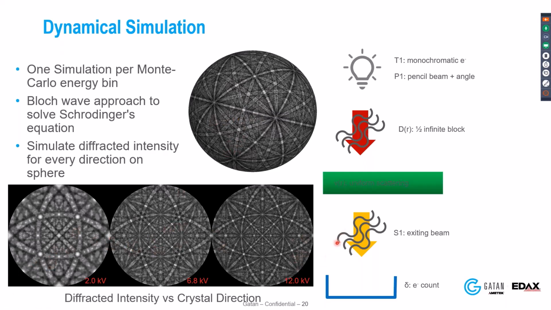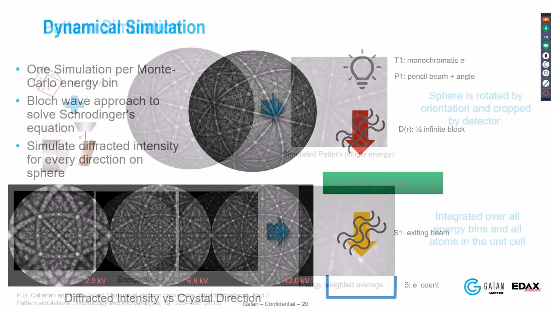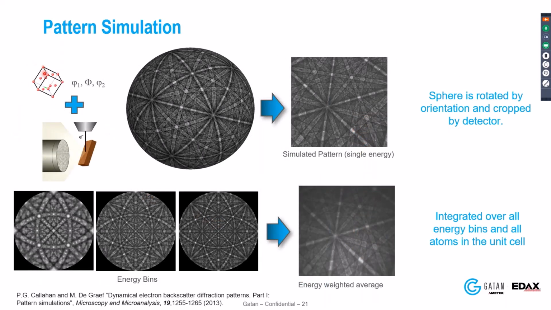So we define our incident energy and step down from there and do different energy bins. We're then able to put this all together: here's our crystal, here's our geometry, here's our master pattern, here's a simulated pattern for a given energy. Then we take our different energy bins and do a weighted average to simulate what we think the pattern is going to look like.